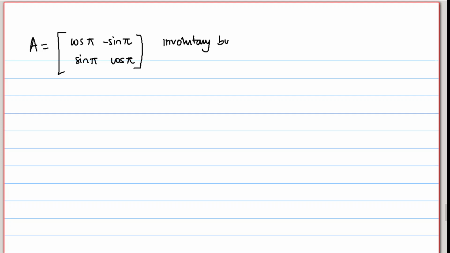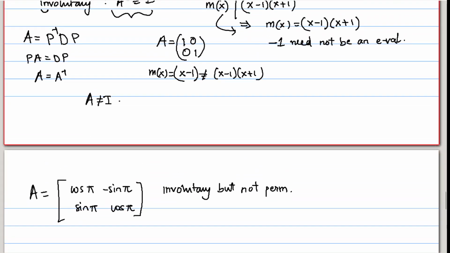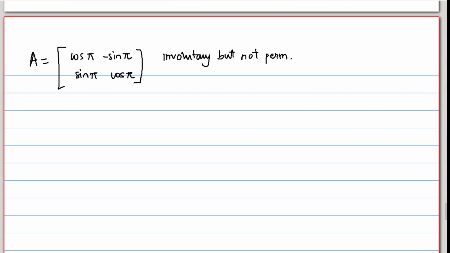Look at this matrix: cos pi, minus sine pi, sine pi, cos pi. This is involutory but not permutation, right? Since this is involutory, let's see what happens.